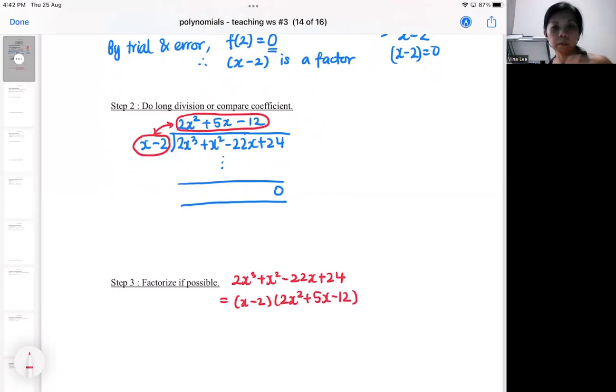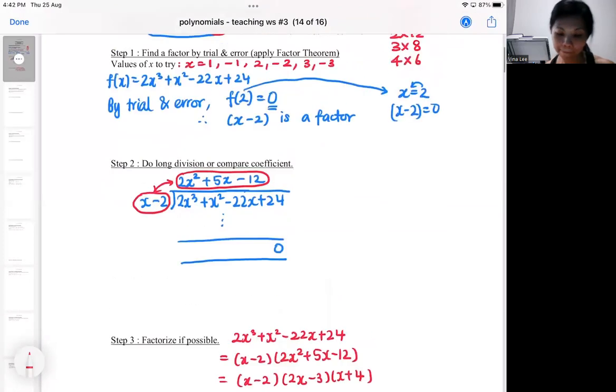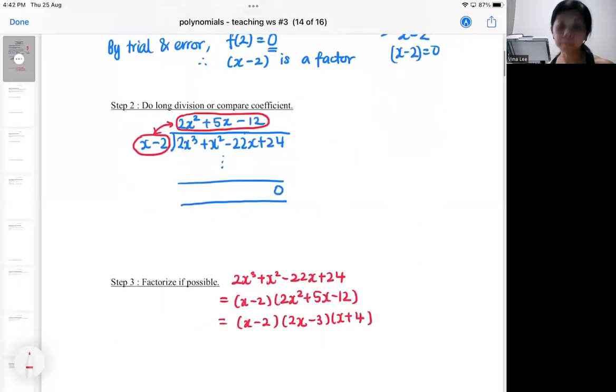So the dividend, the expression inside the long division, is a product between the divisor and the quotient. So in this case, you try to factorize as much as you can. So that is the factorized answer.